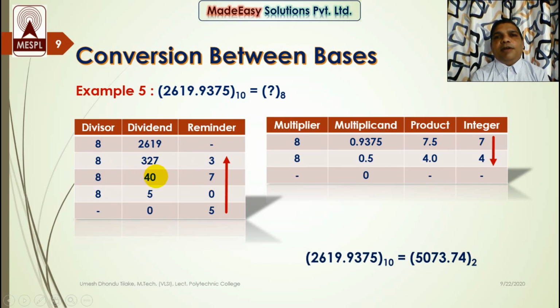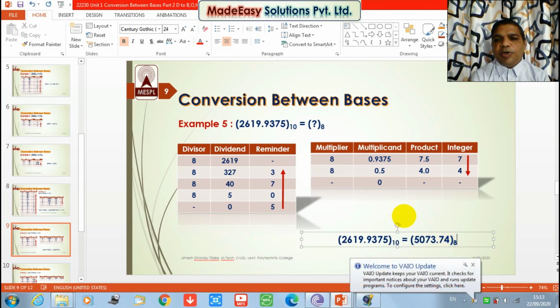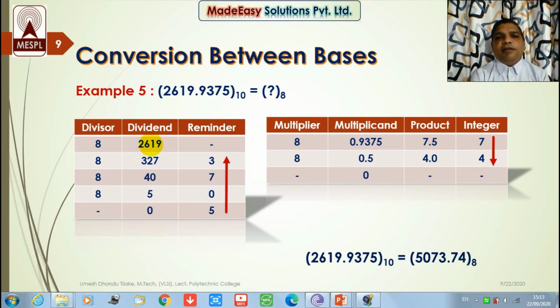When we divide 40 by 8 we get 5 as the quotient and 0 as the remainder. When we divide 5 by 8 we get 0 as the quotient and 5 as the remainder. So 5073 is the integer part of the given number. Sorry, here the base I used is wrong, so let's change the base. We are converting the number into an octal number. So we have converted the integer part of the decimal number into the integer part of the octal number, 5073.